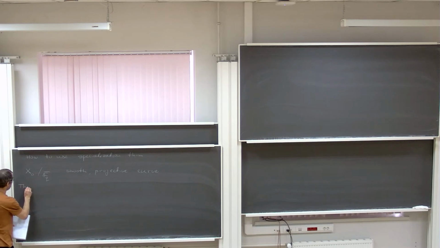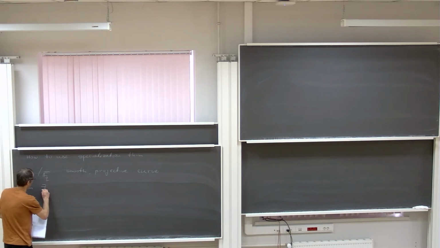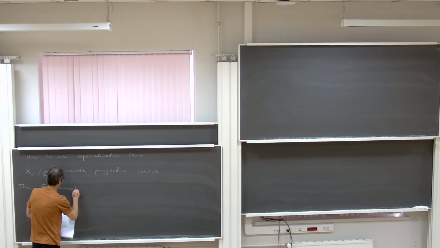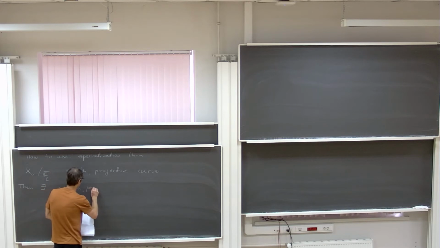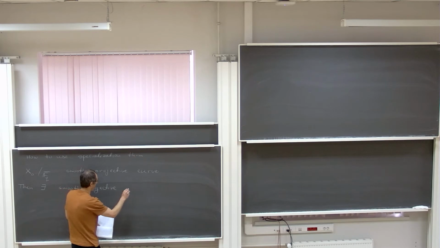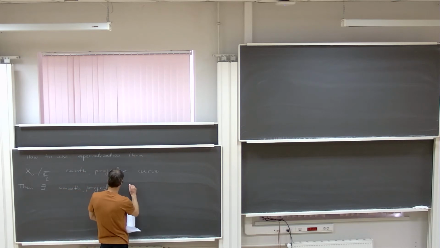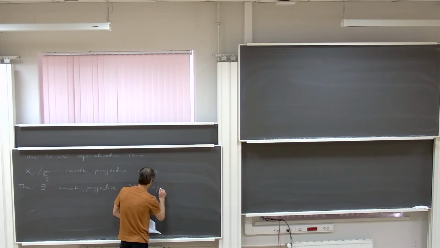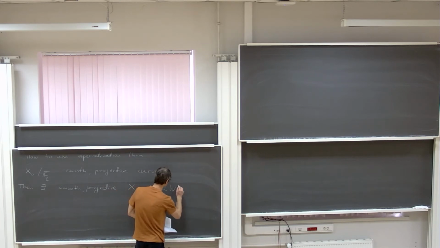Then there exists a curve X, smooth projective, X over spectrum of the Witt vectors.